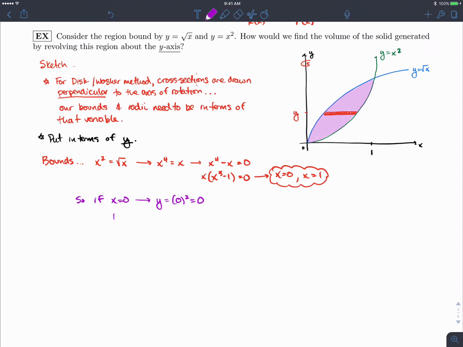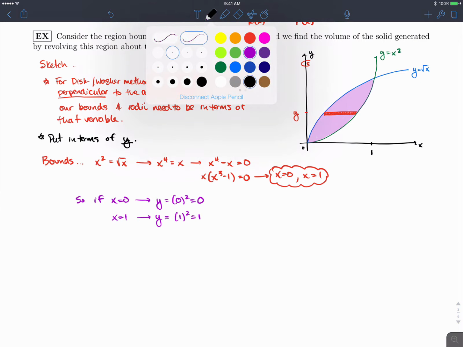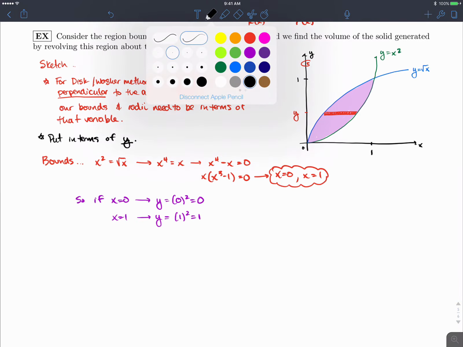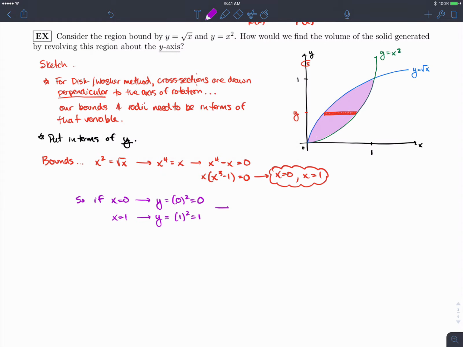And then if x is equal to 1, then our y bound is going to be equal to 1 squared, or just 1. So we've now confirmed that the bounds along the y-axis are from 0 to 1. All right, so now we've got our y-bounds, and maybe we'll go ahead and make sure we see that specifically. So we're going to go from y equals 0 to y equals 1.